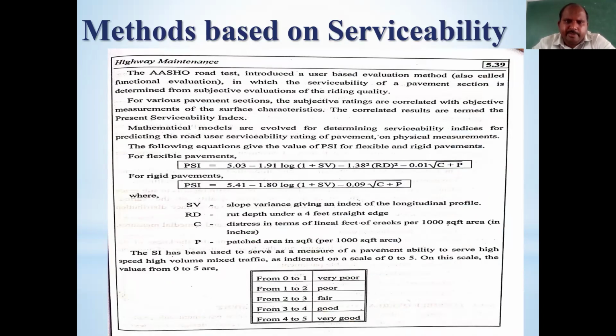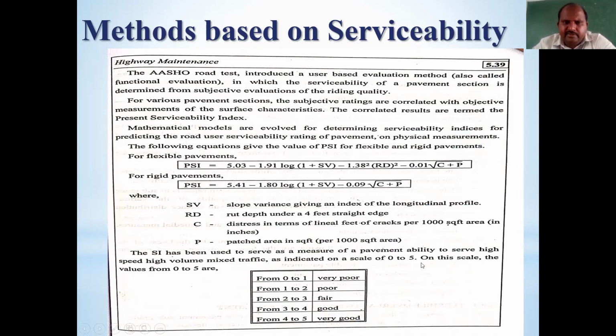In that formula, PSI equals 5.03 minus 1.91 log of 1 plus SV, minus 1.38 RD squared, minus 0.01 square root of C plus P. From this derivation, PSI has been used as a measure of pavement ability to serve high speed and high volume mixed traffic, as indicated on a scale of 0 to 5.